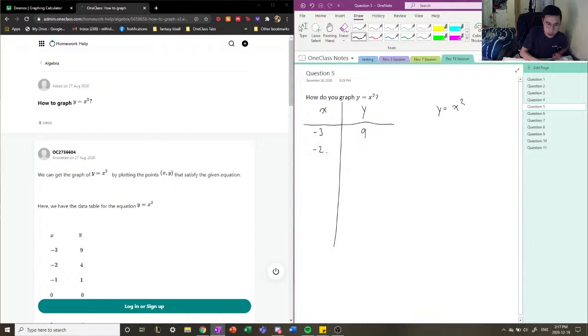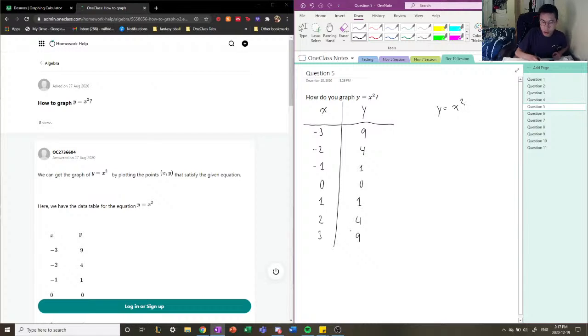If we plug in -2, the square is 4. If we plug in -1, it equals 1. If we plug in 0, the square of 0 is 0. We plug in 1, the square is 1; 2 gives 4; 3 gives 9.